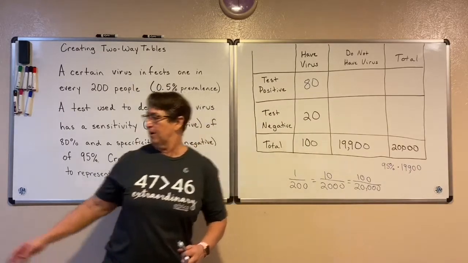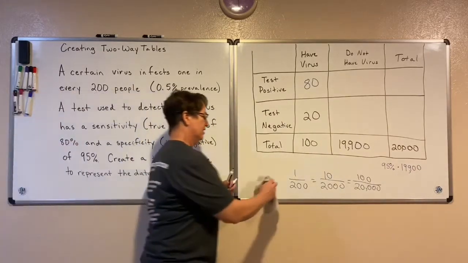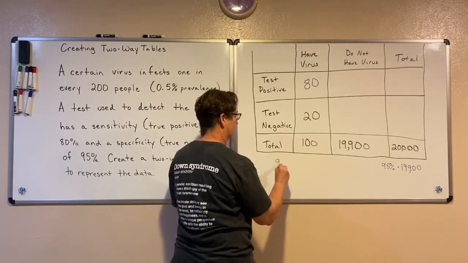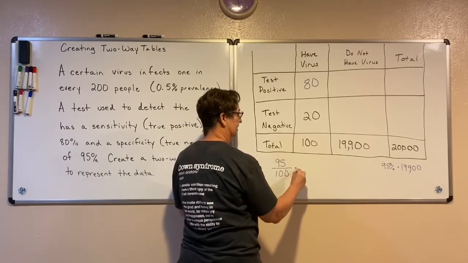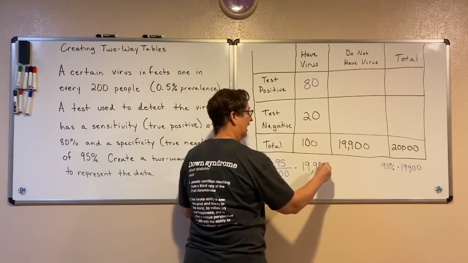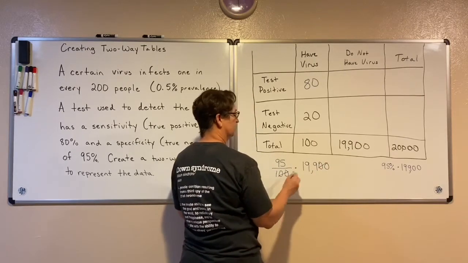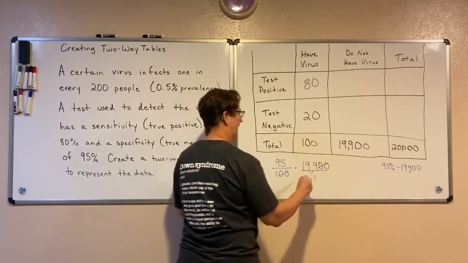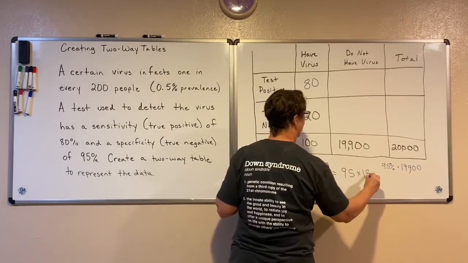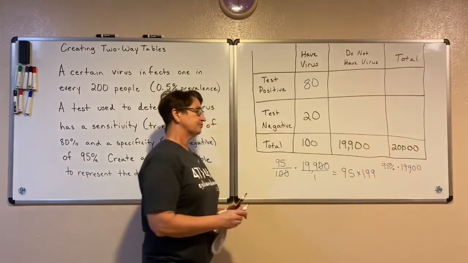Or, let me grab an eraser. Let me make it a little bigger here. So remember, if I'm doing percent, I'm going to make it 95 over 100, because that's what percent is, times 19,900. I can make these zeros become 1. So now I'm just multiplying 95 times 199.